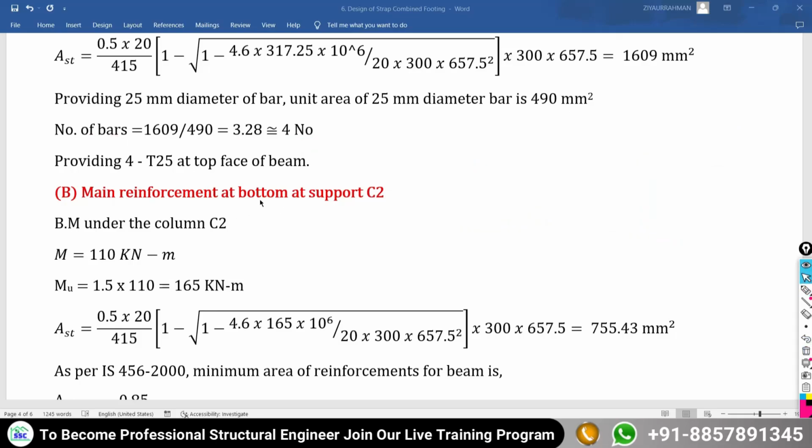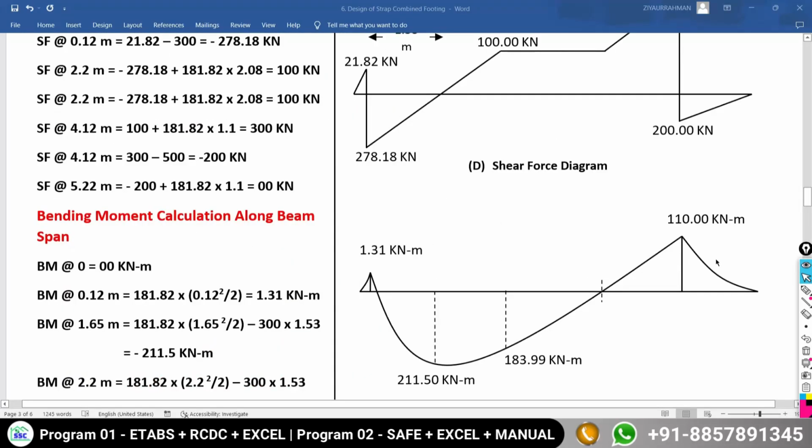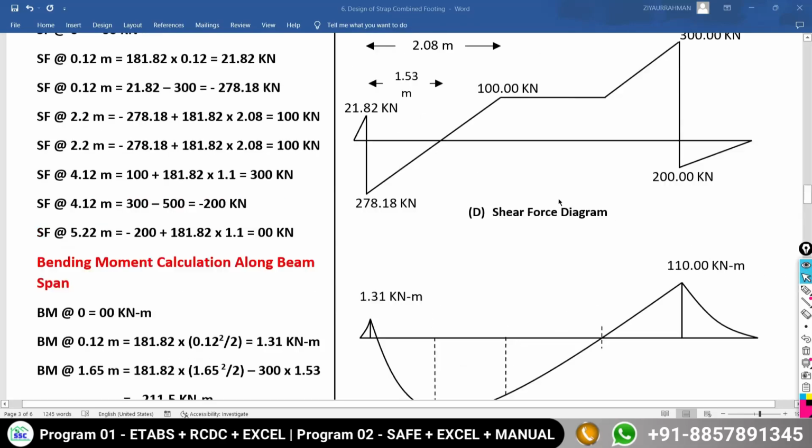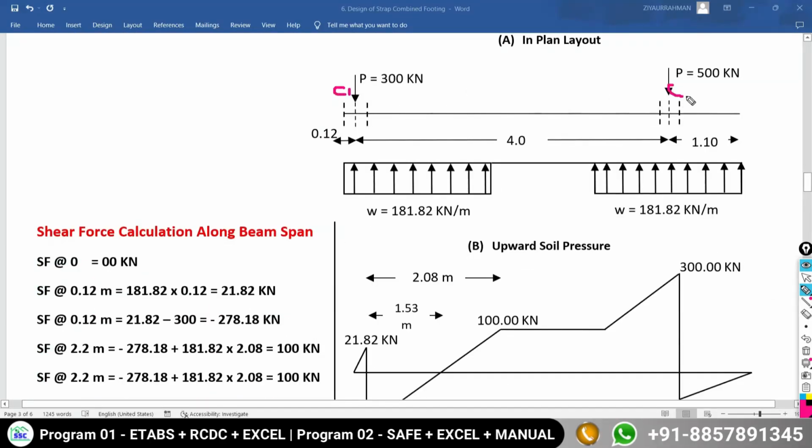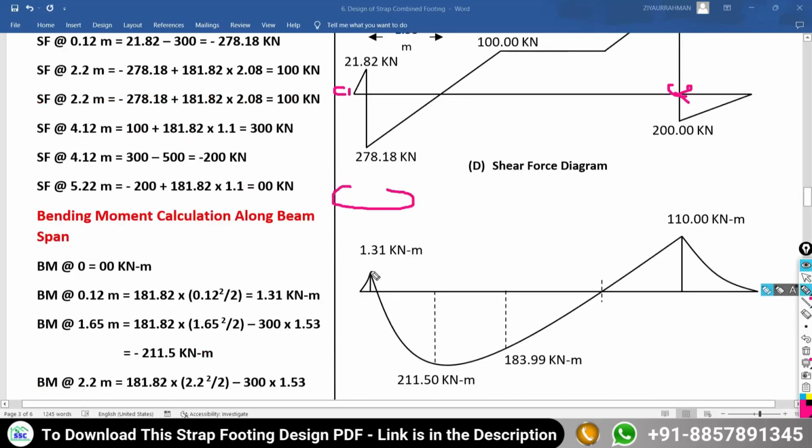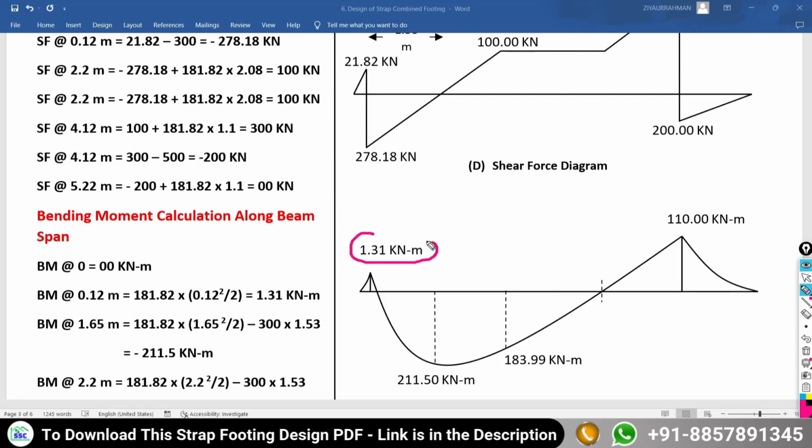Thereafter, the main reinforcement at the bottom face under the column C2. Why are we going to do the calculation under the column C2? See, we have two columns, C1 and C2. When we calculated the bending moment under the column C1, we got only 1.31 kilonewton meter. And under the column C2, we got a bending moment of 110 kilonewton meter.